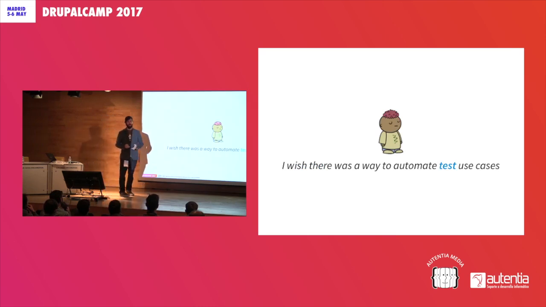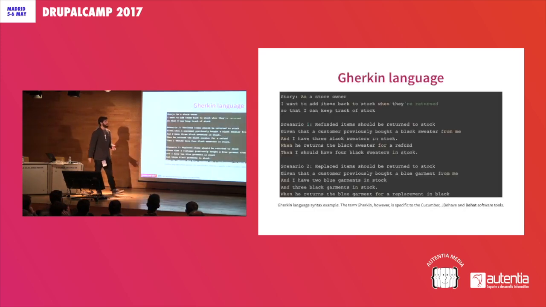Is there any way to test that automatically? Because, of course, you are writing on paper, and we have talked with the client, and we are sure that what we are coding is what the client wants, but doing it manually, there's a language called Gherkin, okay?